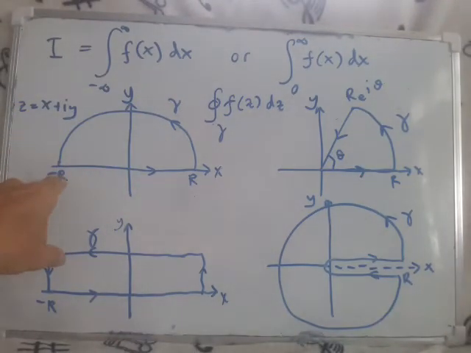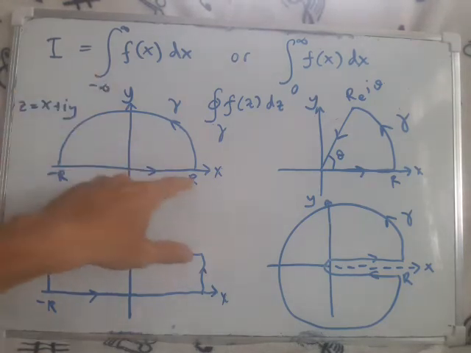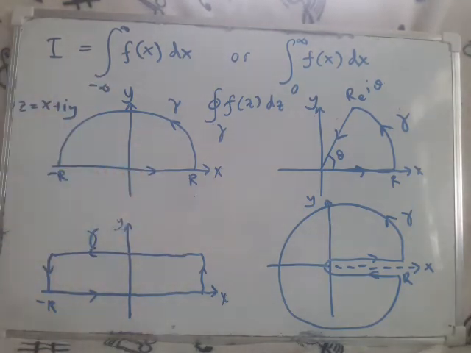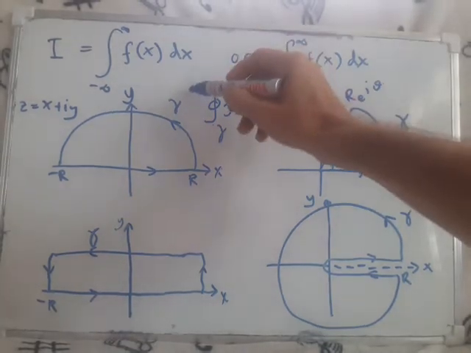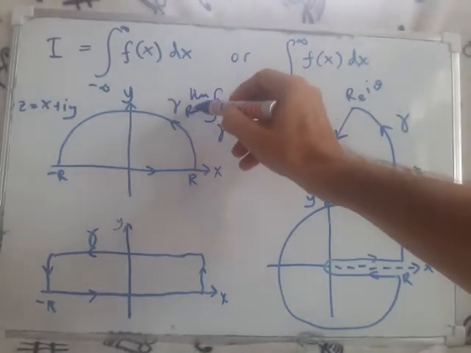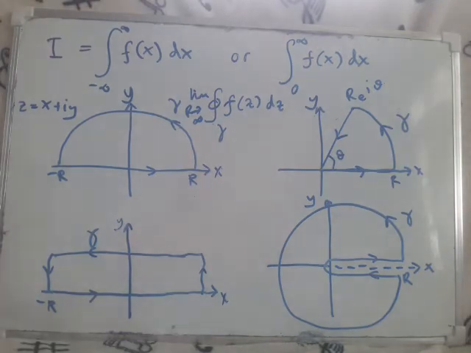So, for example, here, we end up choosing the limits to be, in this case, minus r to r, and then take the limit as r goes to infinity to get the integral we actually want in the end.